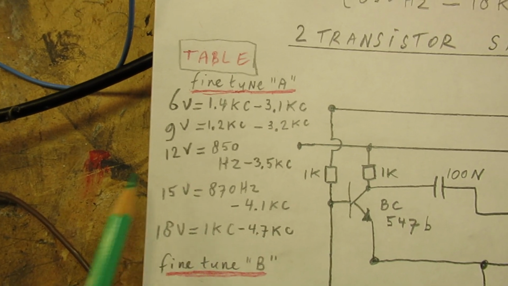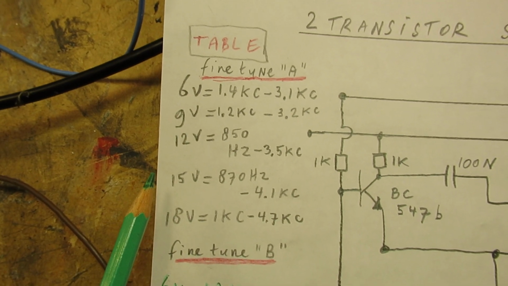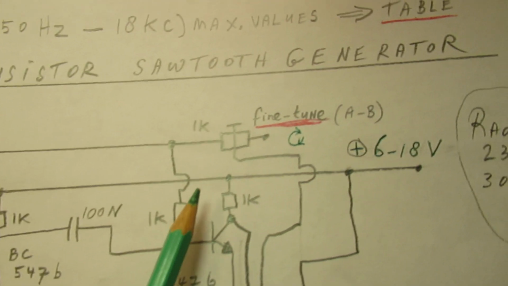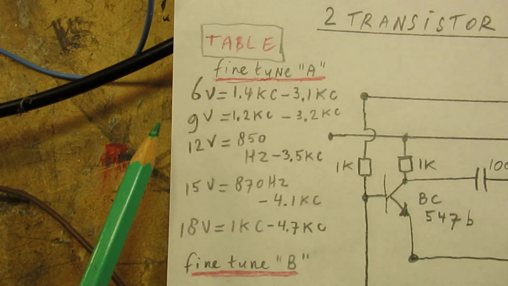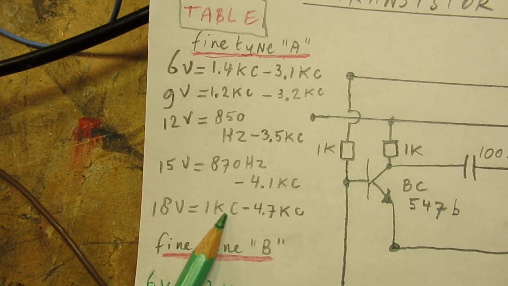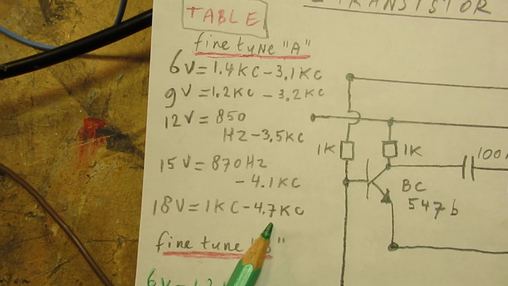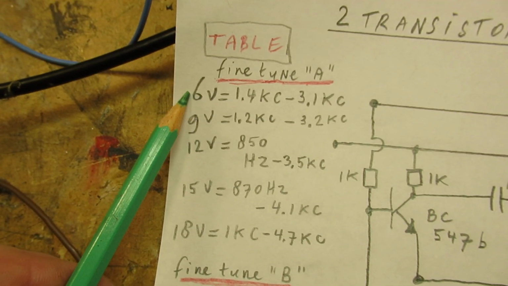So this is table 1. With that potentiometer set to a certain position, you go from 1.4 kilocycles up to 4.7 kilocycles on 18 volts here and on 6 volts here.